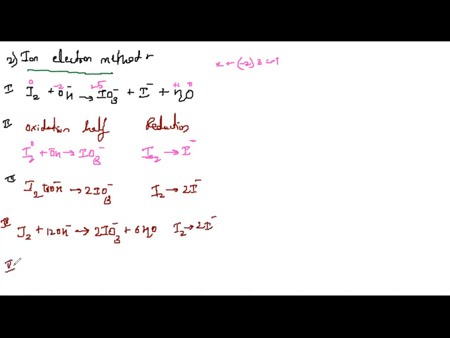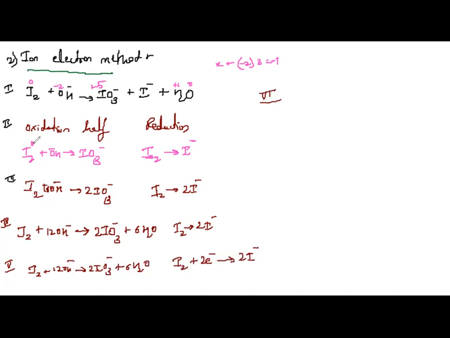Next step, we add electrons to the side deficient in electrons. This remains as it is: I2 plus 12OH minus gives 2IO3 minus plus 6H2O. And on this side, I2 will form 2I minus when it gains 2 electrons. Next, balance the number of electrons in both half cell reactions.